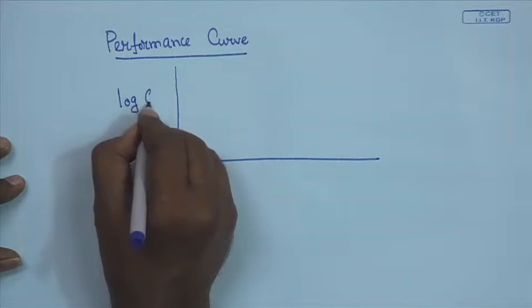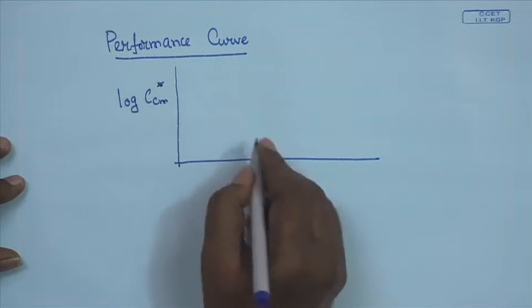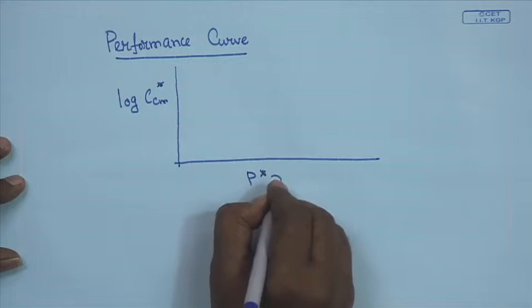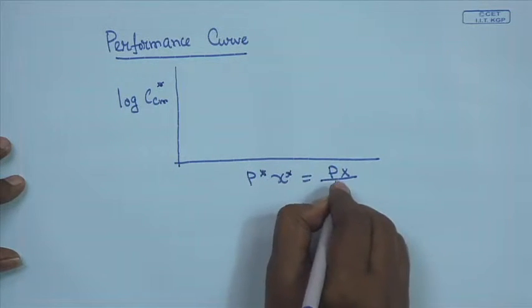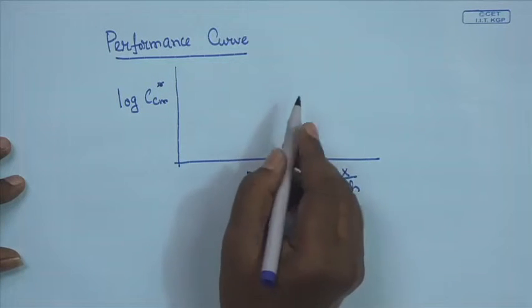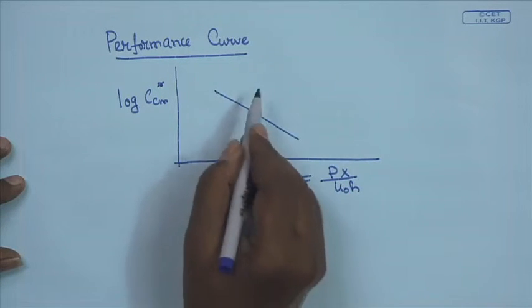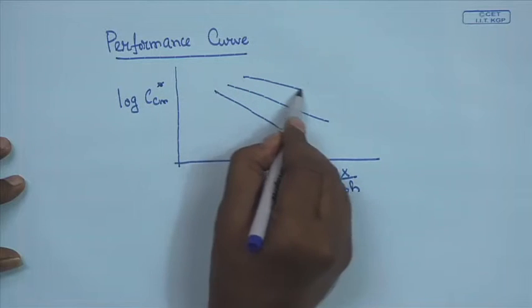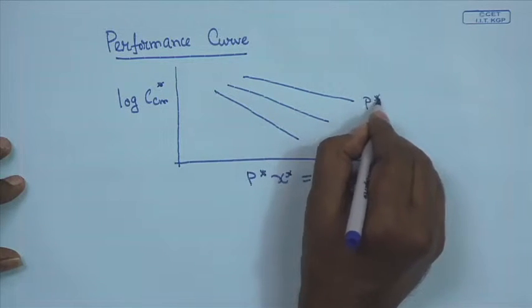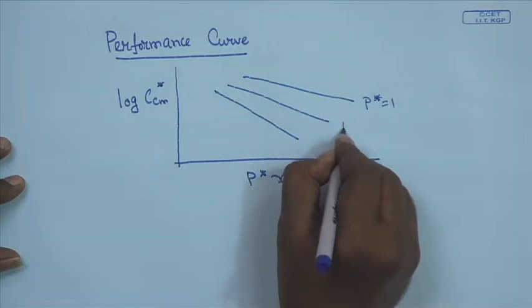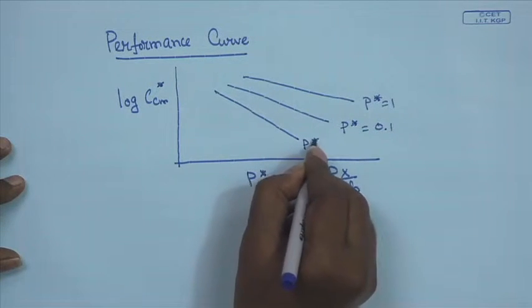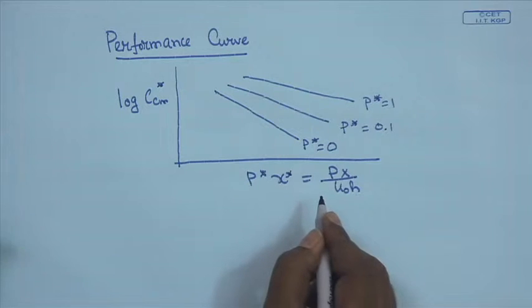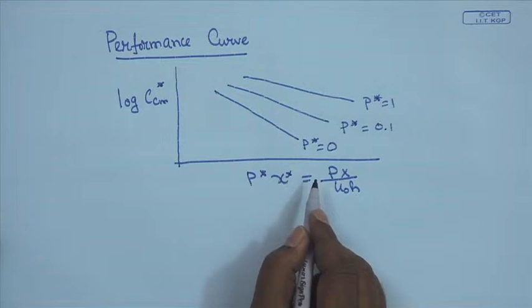We will have log CCM star here, and p star x star will be nothing but p x by U0 H, and the curves will be like this for different values of P star. This one for P star equal to 1, this for P star equal to 0.1, this for P star equal to 0. That means there is no permeation of the solute to the membrane, it is impermeable.